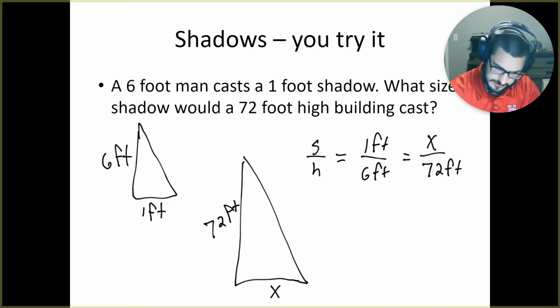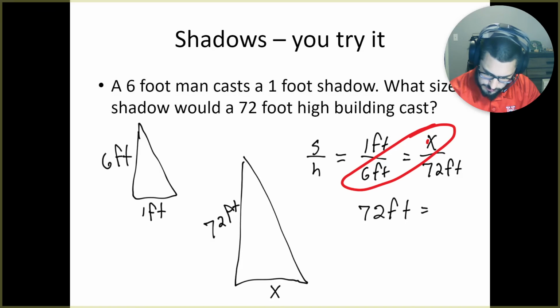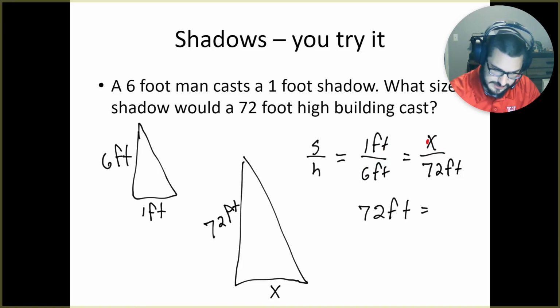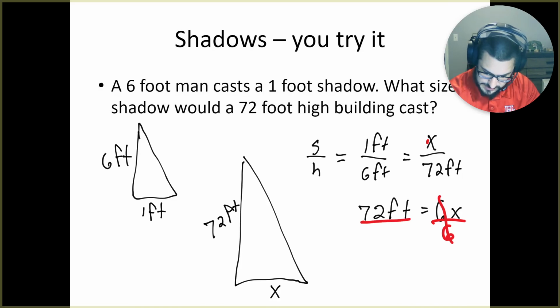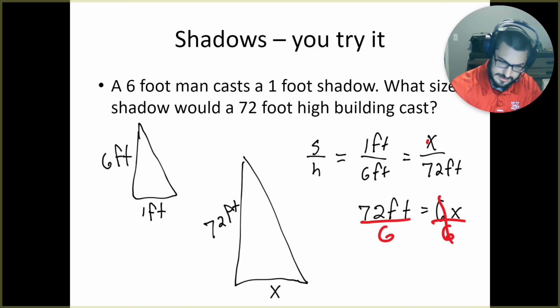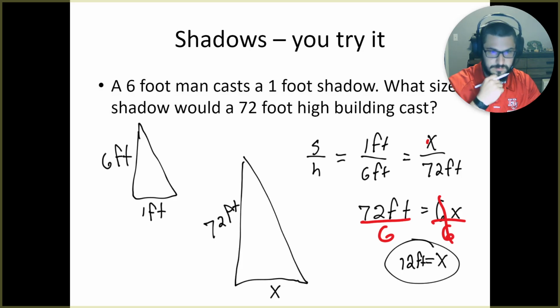Cross multiply, got 72 feet equals, multiply by the other, we've got 6 times x. Since this is multiplication, inverse operation is division, so divide by 6 on both sides. And I get x equals 12 feet. Okay.